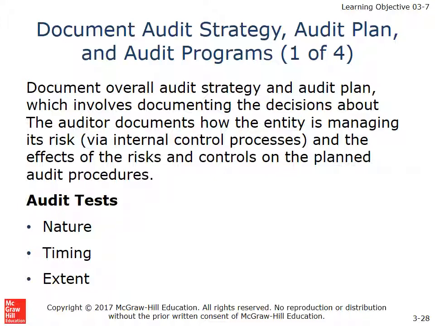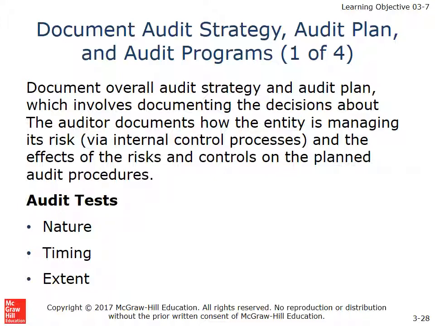Okay, so once we go through that, like we said, we document the audit strategy, plan, and audit programs. Now, we document overall, as we said, strategy and audit plan, which involves documenting the decisions about the audit.